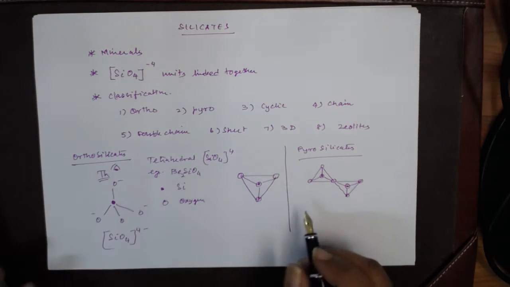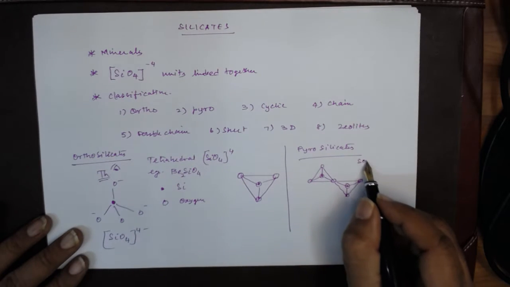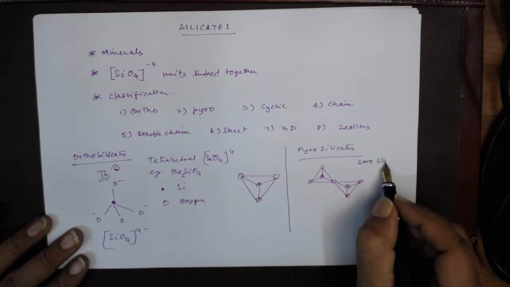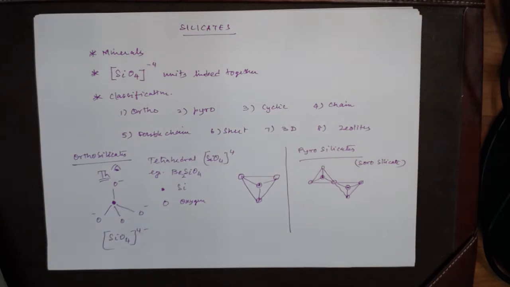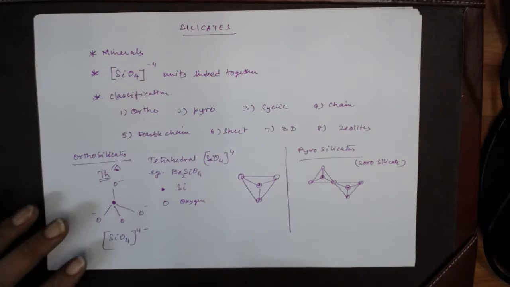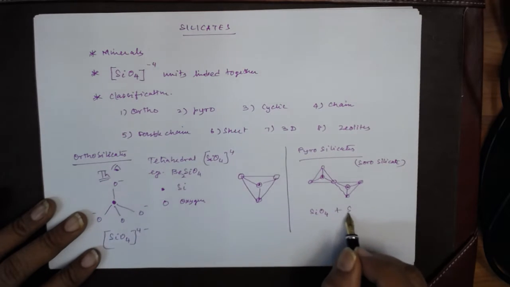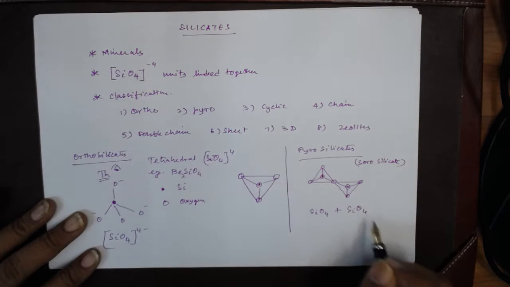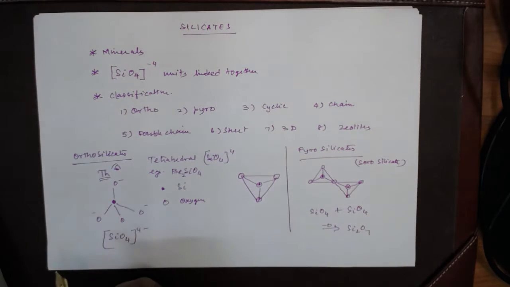It is also called the sorosilicate. So when you combine these SiO4 plus SiO4 and one oxygen being common, that is removed, so you are able to get Si2O7, because one is common.